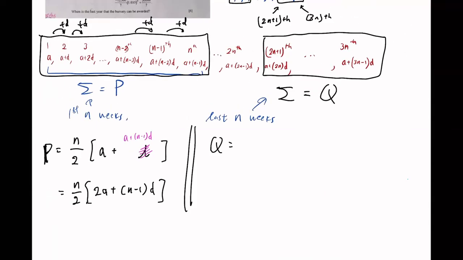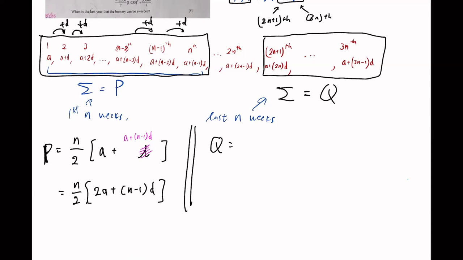What is Q? What kind of series? Two choices, arithmetic or geometric? Times or plus? Arithmetic. Arithmetic is plus d, plus d.